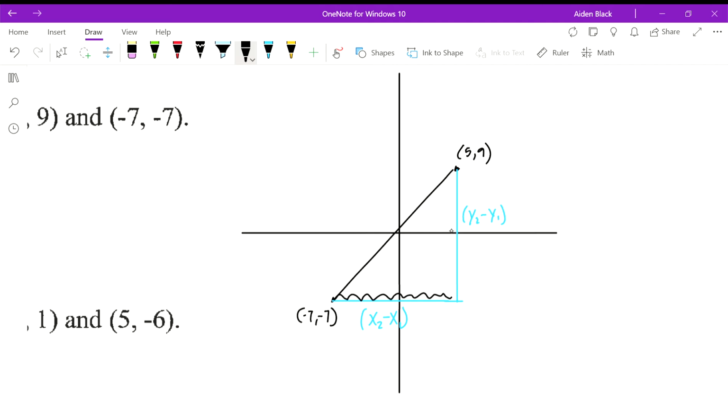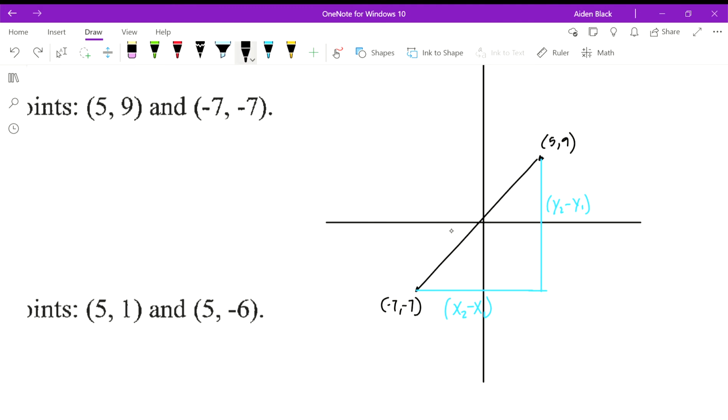Leave the label of how much it is right here, and then over here. Count this up, because it's on the grid, you can do that. And then leave the value right here, and then you can find C. But I'm just going to use this graph to kind of show and demonstrate the distance formula.